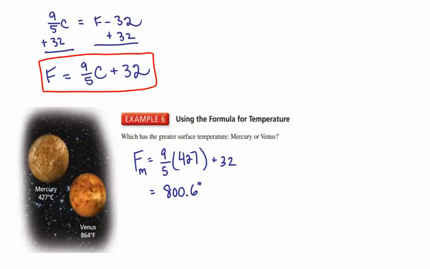So it seems to indicate that the temperature on Mercury is lower than the surface temperature on Venus, even though Mercury, if I'm not mistaken, is closer to the sun than Venus. So unless you can show me where I made a mistake, I'm going to stick with that. And we will go on to do some more examples in the next video.